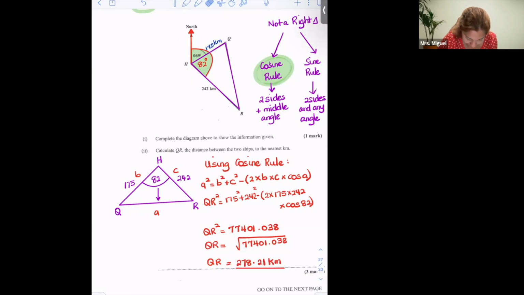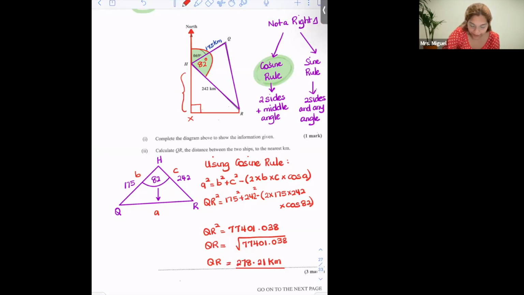So draw a straight line from H. This is a right angle. Let us call this X. So how far due south? We are looking for this length.